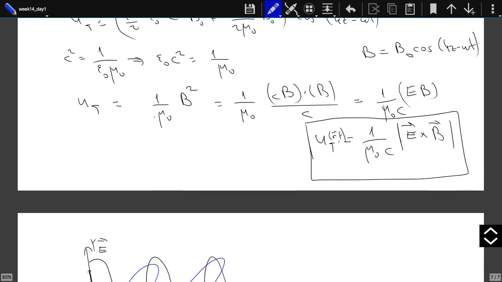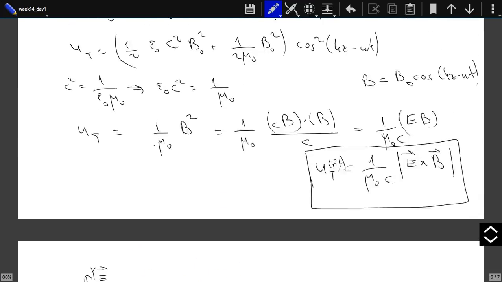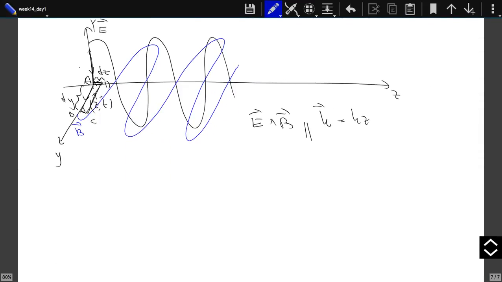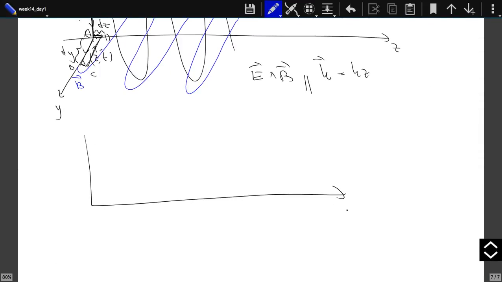Now let's see. For this wave, we obtained that this total energy density just changes with cosine squared kz. If you plot it as a function of z, it has such a behavior.